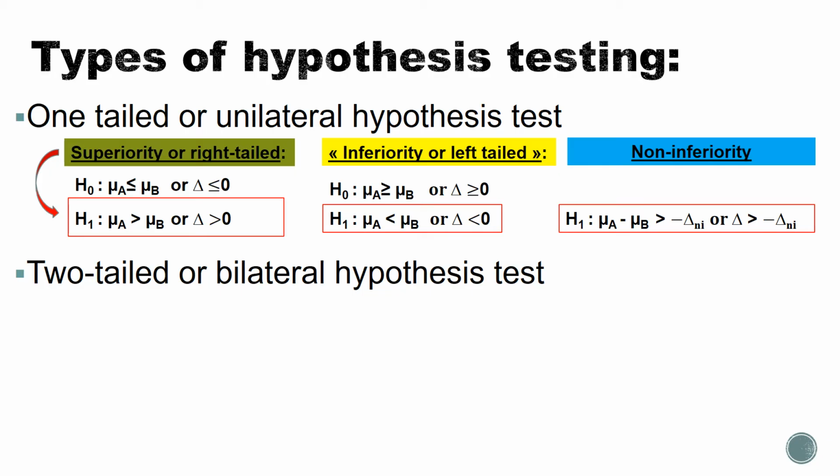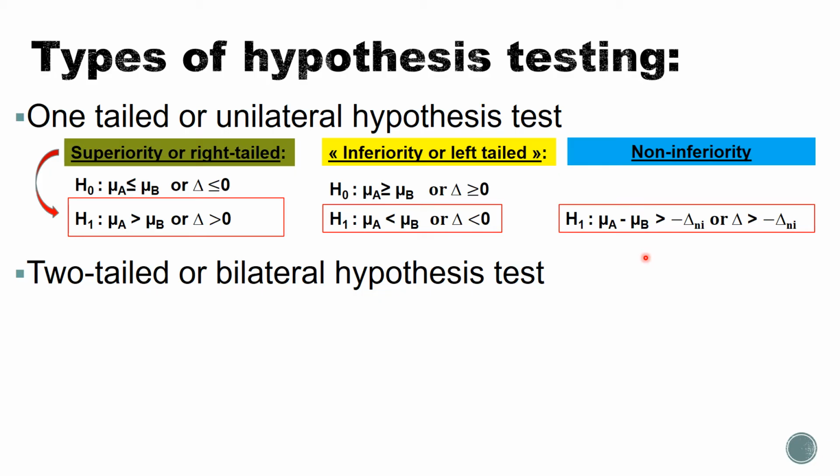trying to say, for instance, that treatment A is not worse than treatment B. In other words, we've accepted that treatment A is less than treatment B, but not to some extent.